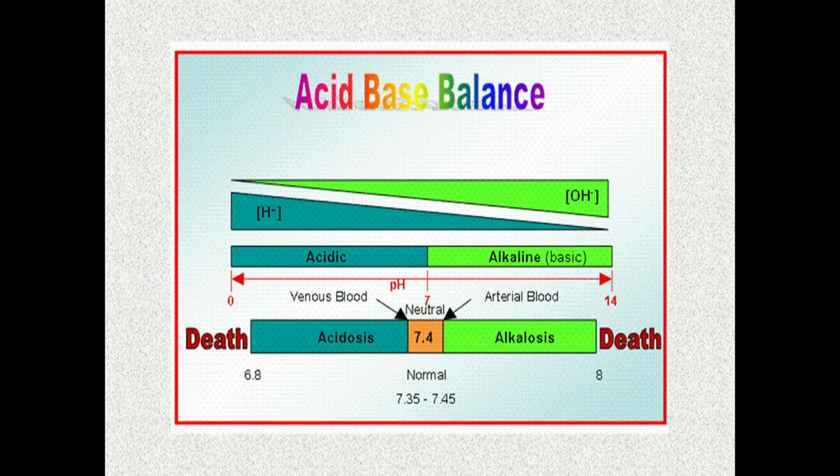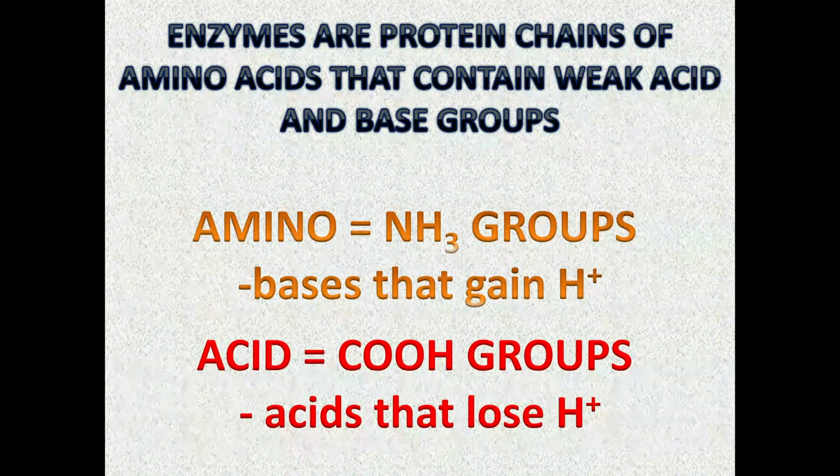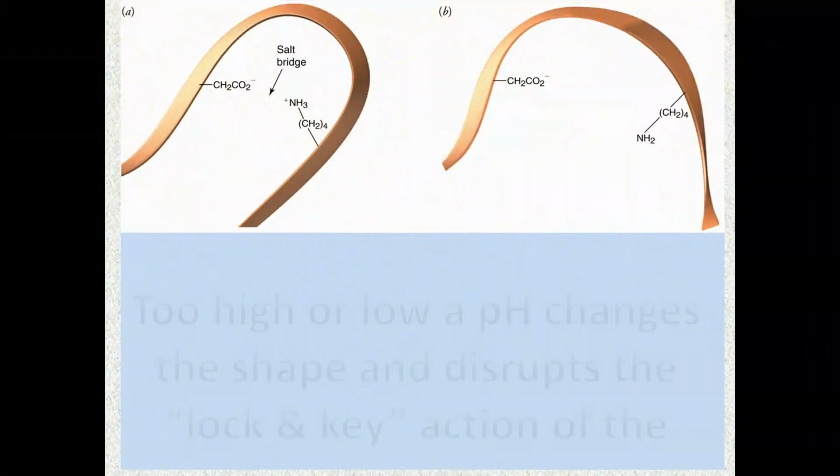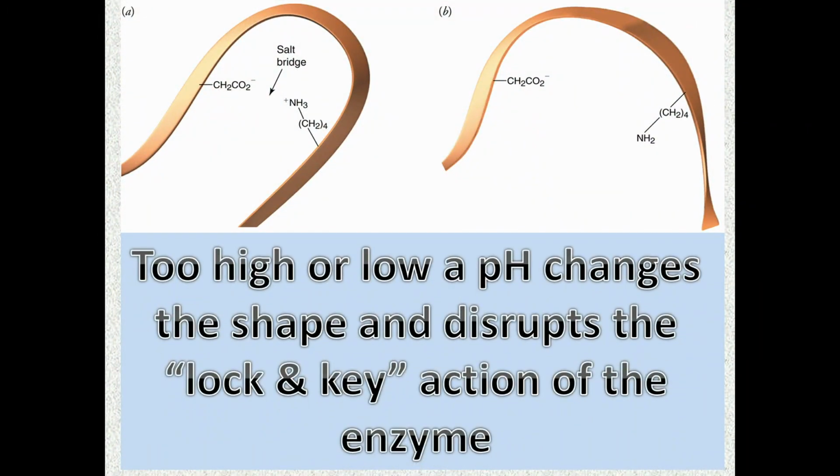Because enzymes are protein chains. They contain an amino group that acts as a base and picks up an H+, and an acid group that loses its H+. And when they both do that, biologists call that a salt bridge. We call it an ionic bond.